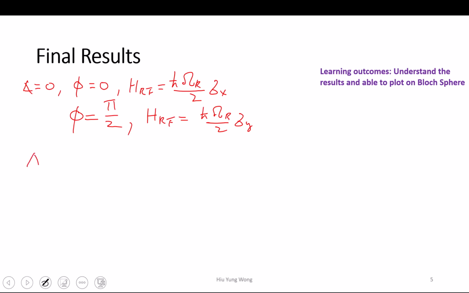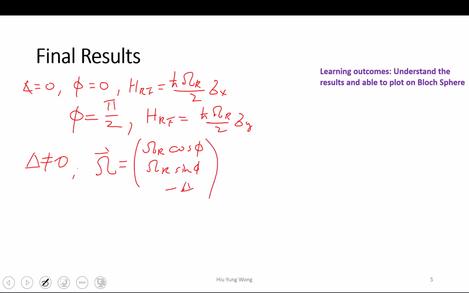Now, what if delta is not 0? If delta is not 0, then of course the omega is not going to be along the plane. For example, let's say I just give the full solution, right? Negative delta. It's no longer 0.